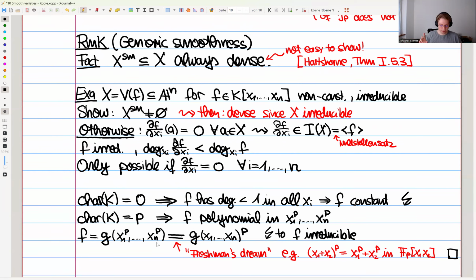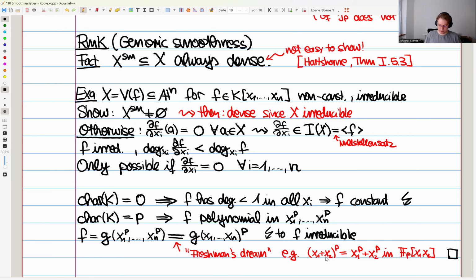And then in characteristic p, something very nice happens, and this is often called the freshman's dream. So the original freshman's dream is this equality here in Fp of x1, x2, namely that if you have a sum of two things and you take it to the p-th power in characteristic p, then actually this p-th power just draws in. Like normally, this here would be a very bad calculation mistake, right?